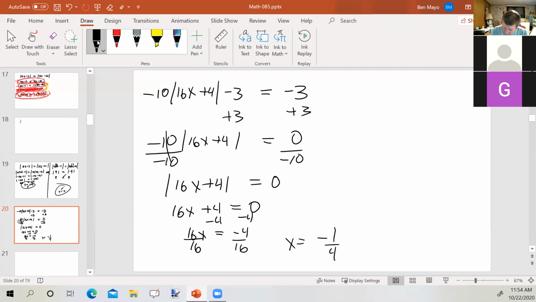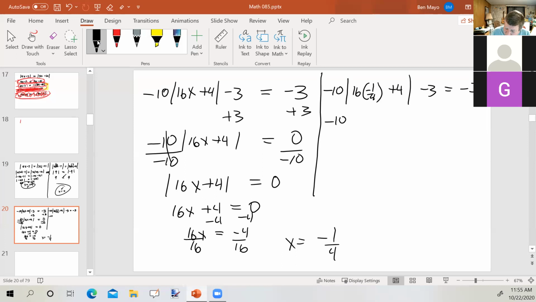All right, let's take that and check our work and plug that in. Negative 10 times the absolute value of 16 times negative 1/4 plus 4 minus 3 equals negative 3. What is 16 times negative 1/4? Negative 4. So that piece right there is negative 4.